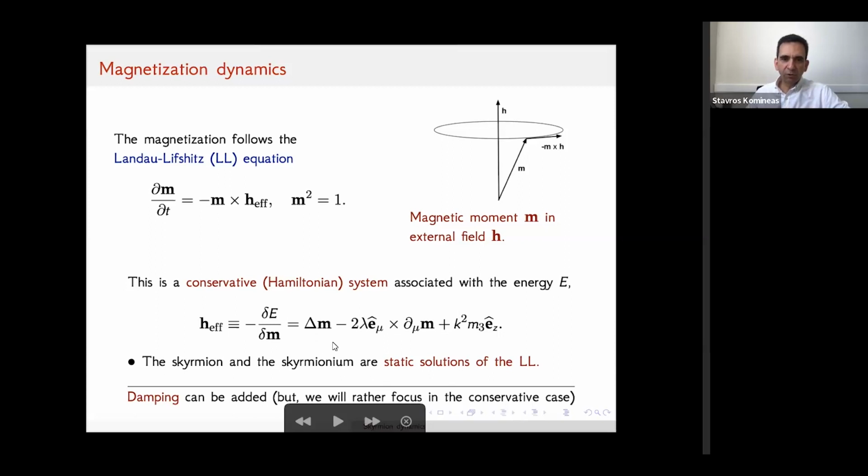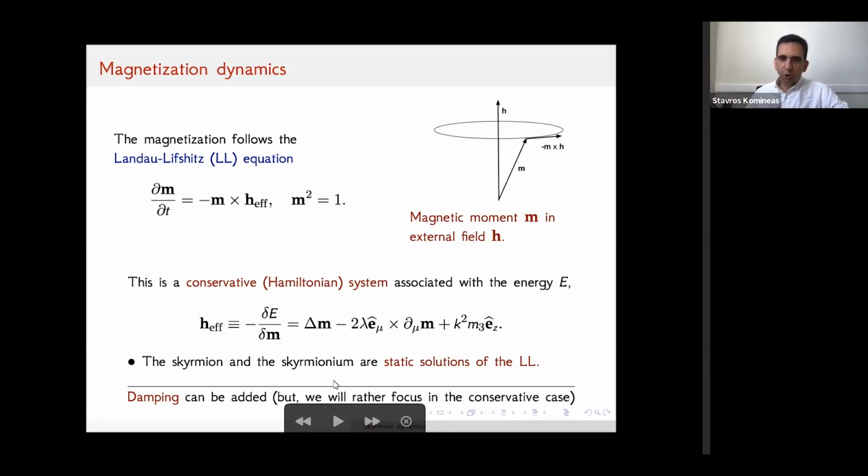I don't want to explain in detail these terms, but you see that it is M cross product some Laplacian of M, some derivatives of M. It is a nonlinear equation. That's the essence of it, a complicated nonlinear equation.